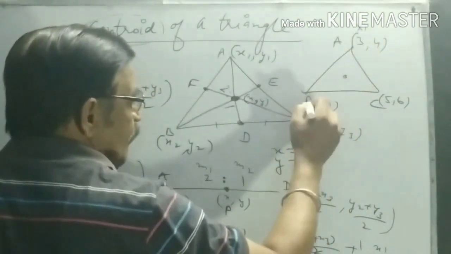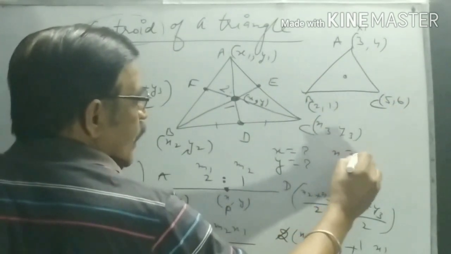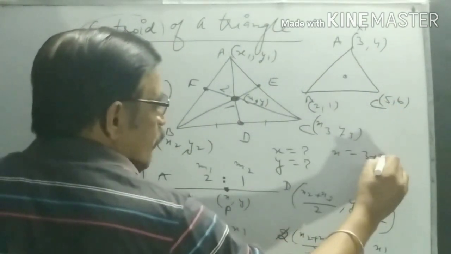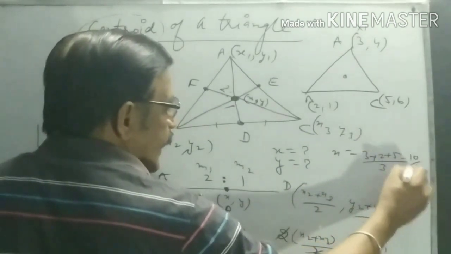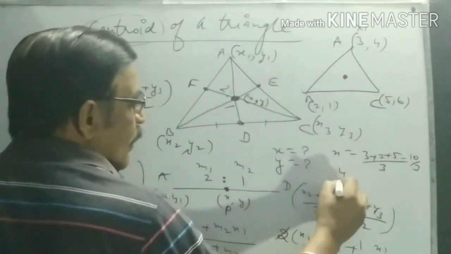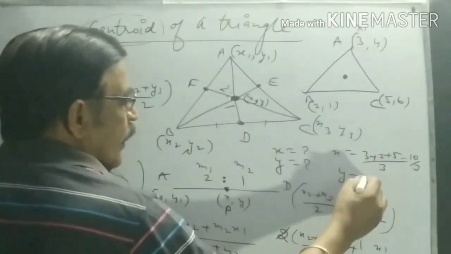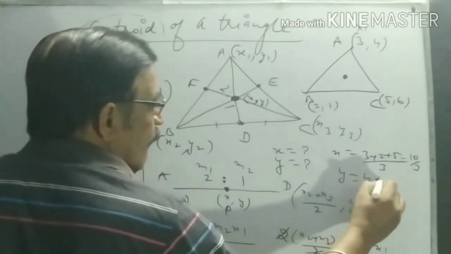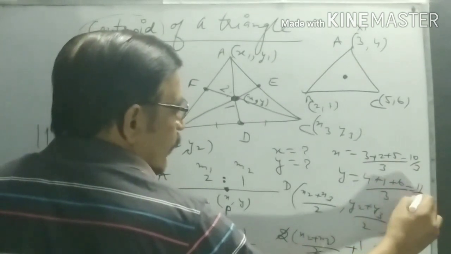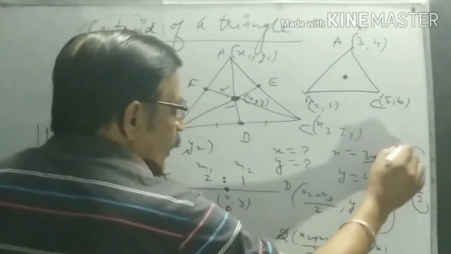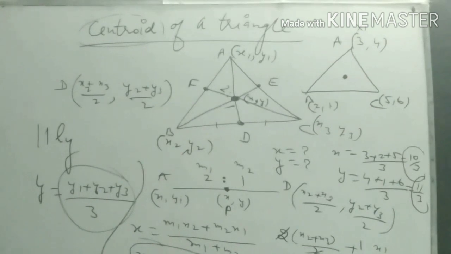This one is x1, x2, x3. x becomes 3 plus 2 plus 5 by 3. It becomes 10 by 3. This is the value of x. Similarly, y1 is 4, this is 1, this is 6, by 3. You get 11 by 3. Like this, you can find centroid of a triangle.